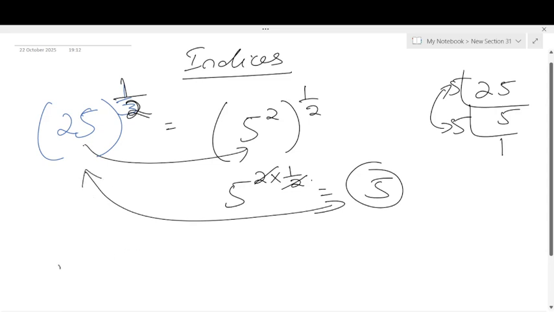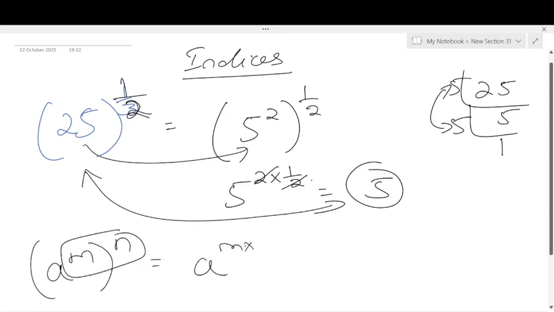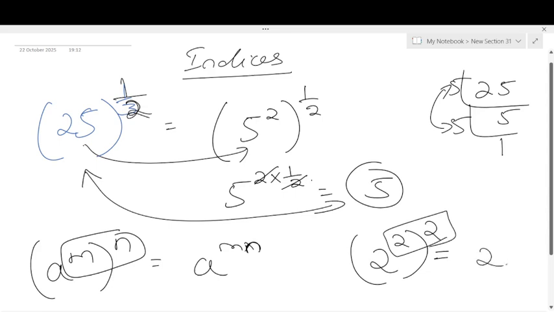So here we have used power law. Power law is nothing but a to the power of m, to the power of n. When you open the bracket, what will you get? m into n. Okay, now tell me the answer for this. 2 to the power of 2 into 2, students. What's the answer? First multiply the powers. What is 2 twos are? 4. Okay, if I write 2 into 3, is it 2 threes are 6 or 8?